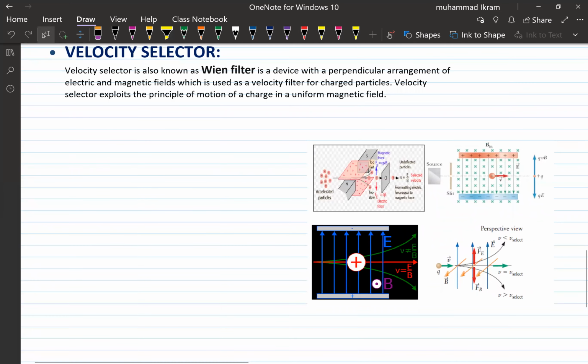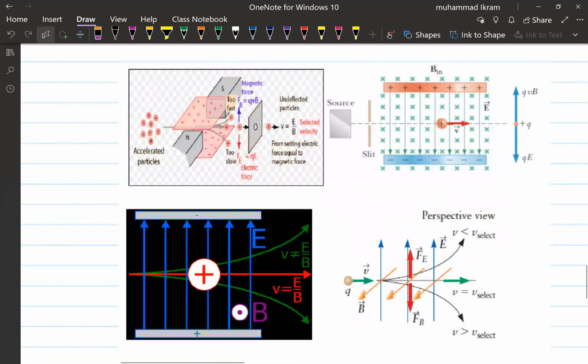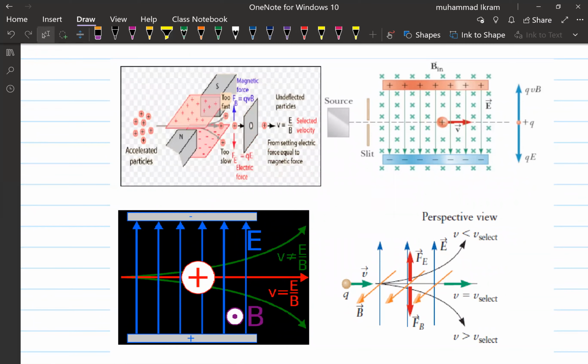Here you see that we have what? Look, here we have the arrangement of the cross perpendicular electric and magnetic field. You see here the magnetic field is perpendicular to the electric field. Here we have the electric field, right? This is the electric field. And here we have the magnetic field.